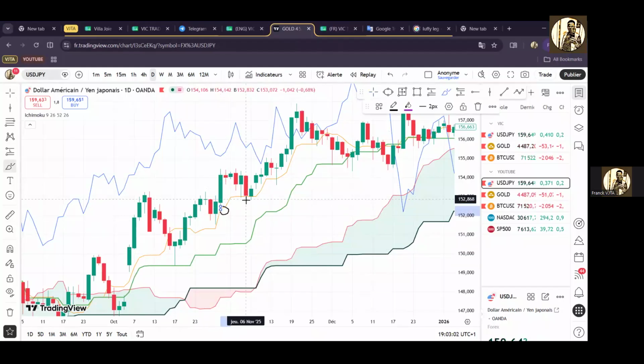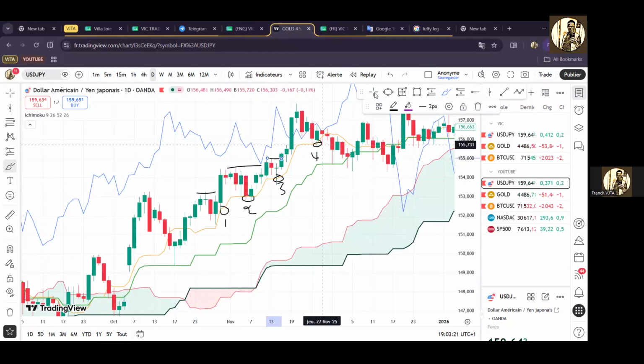You have a first time, second time, third time touch. You see this fourth time touch of Tenkan here. So we had 1, 2, 3. The first time broke this high, the second time broke this high, and the third time broke this high.